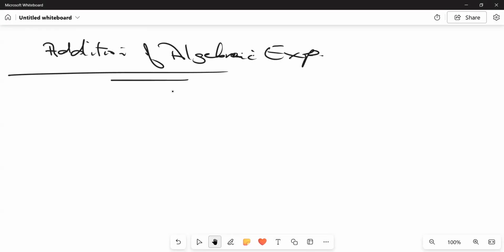So when it comes to addition, let me just give you a typical example. Let's say you have 7x plus 2y plus 4x minus 3y, and you're asked to simplify it.